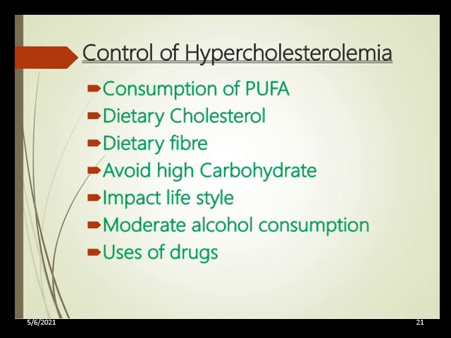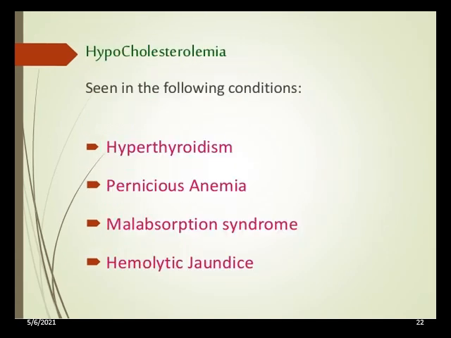Then a healthy lifestyle should be there. Then moderate consumption of alcohol and use of hypocholesterolemic drugs. Another terminology, hypocholesterolemia. This is usually seen in hyperthyroidism, pernicious anemia, malabsorption syndrome, and in hemolytic jaundice.